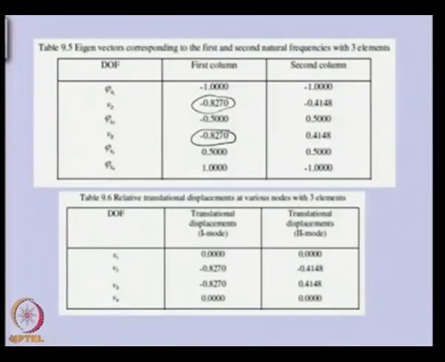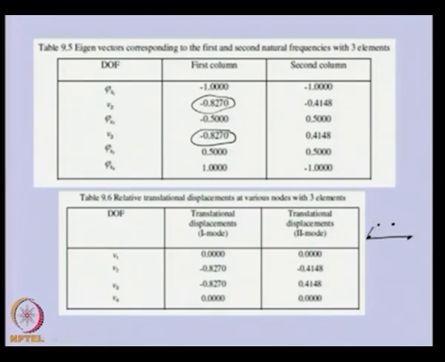we may not get that much accuracy, but if we want to plot this, we see that at nodes 1 and 4 it is 0, and for nodes 2 and 3 it is some value. In between we can join, or we can predict the displacement using the shape function.